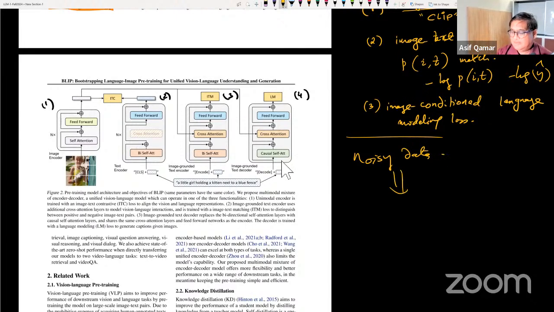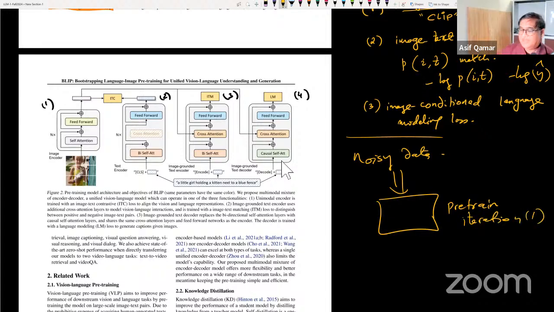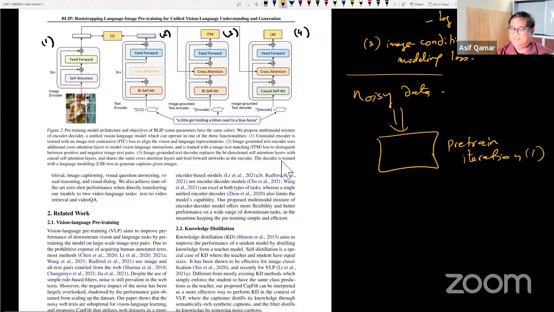You feed it into the pre-trained model, iteration 1, and this gets trained. This was the pre-training phase, step 1. Step 2: this is our model training phase. Let us say that this produces model M1.